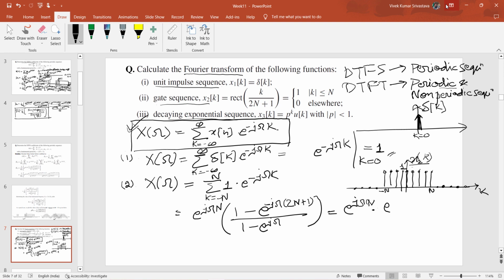Okay, so here this will be minus. I will take from the numerator a common factor of e raised to the power minus j rho twice n plus 1 by 2.